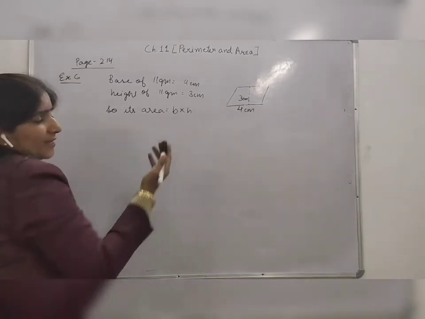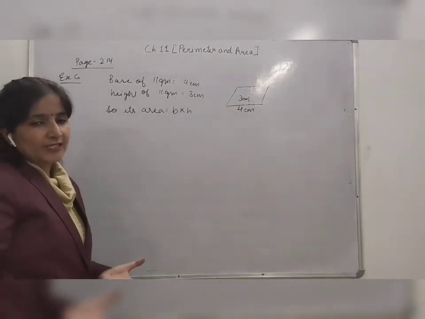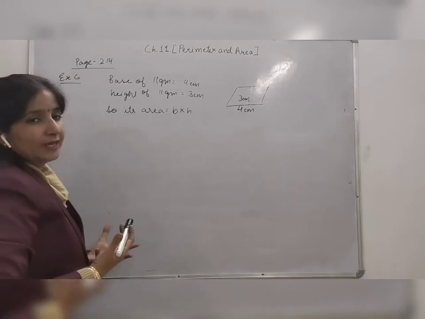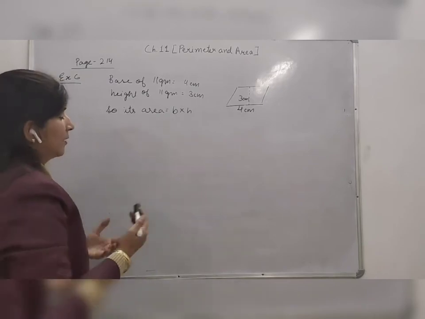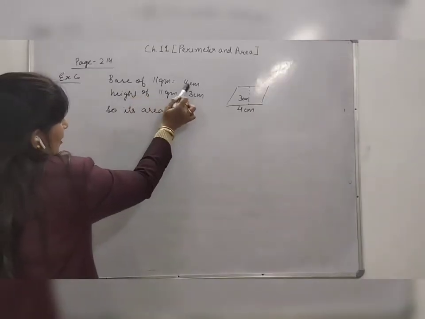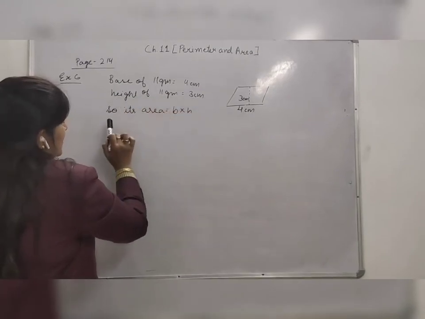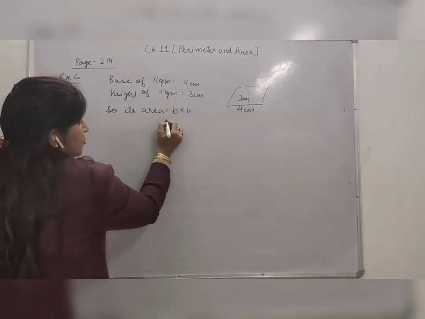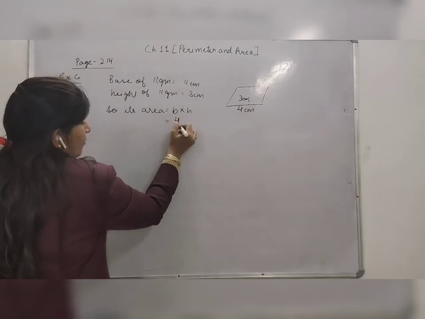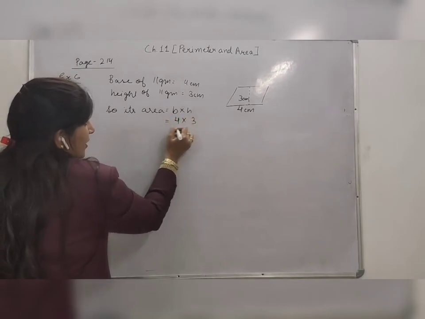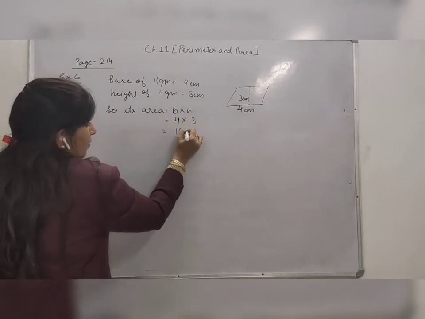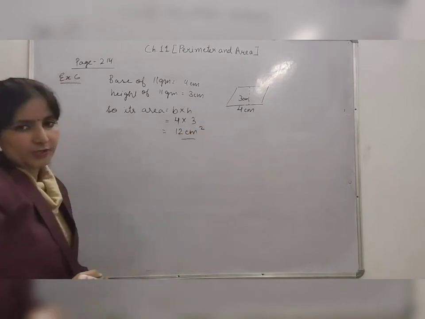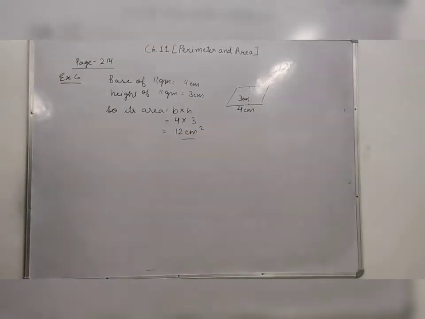So it is the same as we have discussed about Try These. Simply we have to apply the formula. Base of the parallelogram is 4, height of the parallelogram is 3 cm. So its area is base into height, which is 4 into 3 centimeters, so the area will be 12 centimeters square. In this way you can do this question.